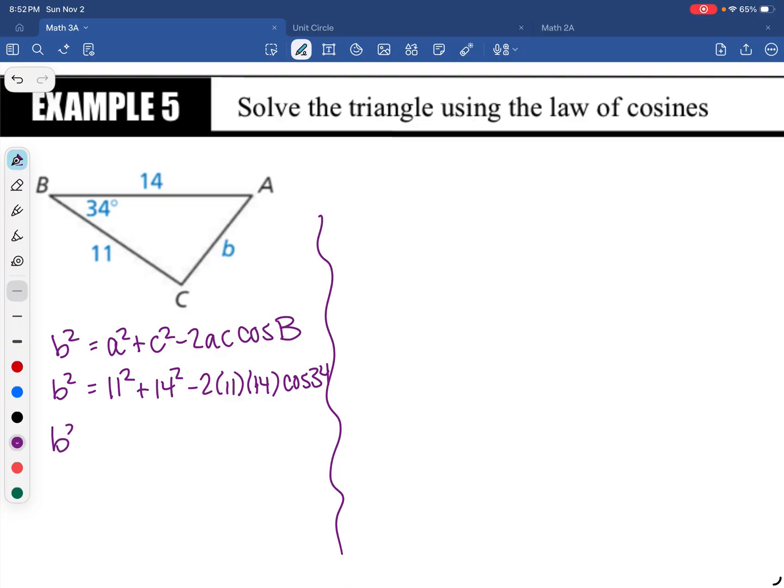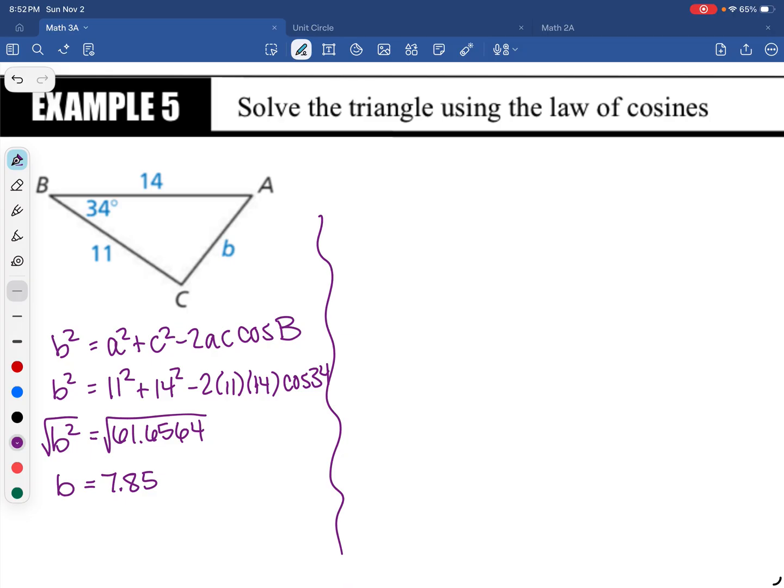All right, so B squared is 61.6564... There's a few more numbers, but I'm just going to keep it in my calculator and square root it. And then B is 7.85.